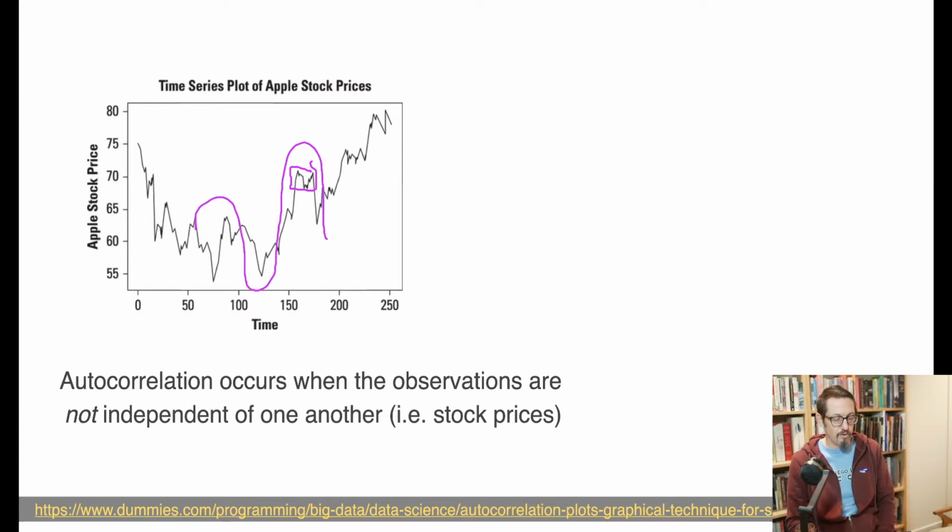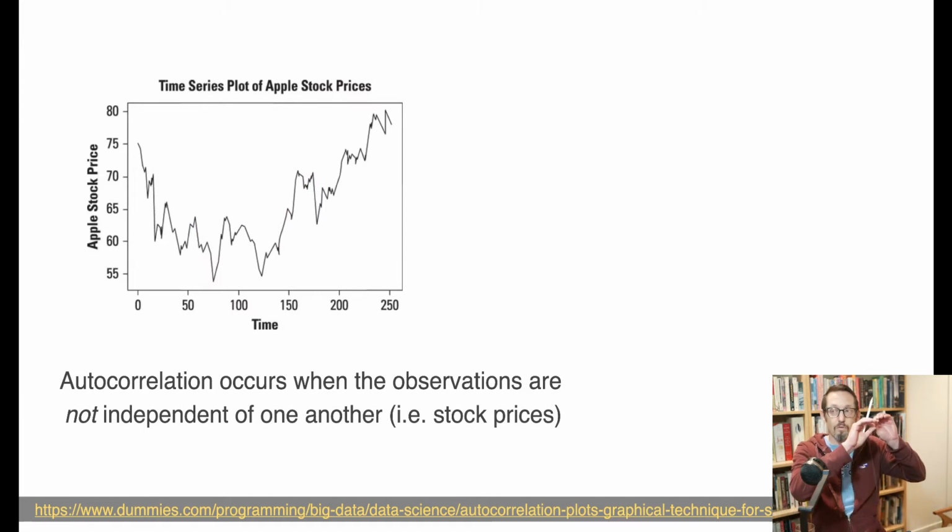So all those things where you have runs of mostly similar values, or if you have periodic things, those are examples of autocorrelation, where the value at time t is related to the value at time t plus 1. Okay? Those things are bad. They break linear regression.